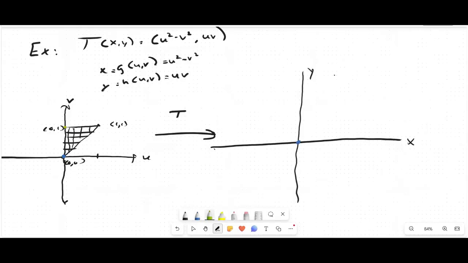How about this corner right here where u is 0, but v is 1. Well, 0 squared minus 1 squared is negative 1. 0 times 1 is 0, so x will be negative 1. y will be 0. That green point right there got mapped to that green point right there.